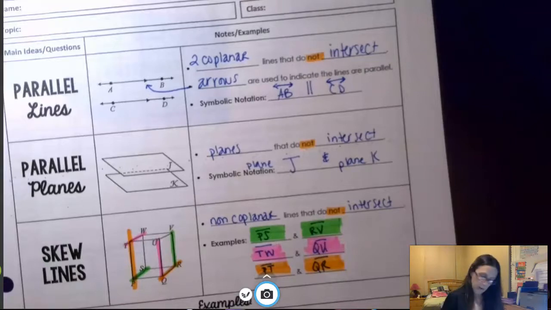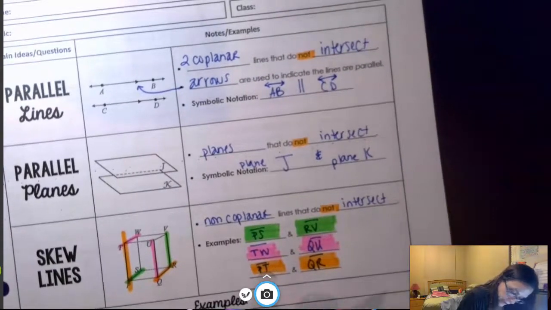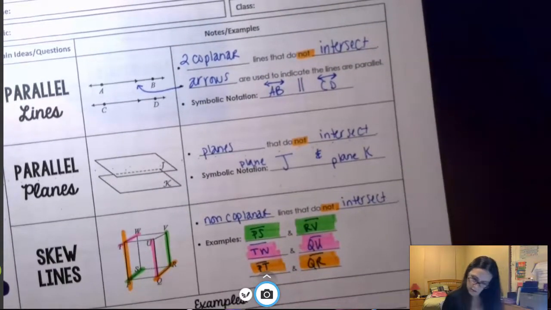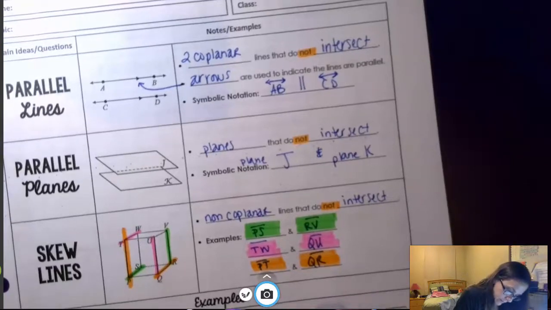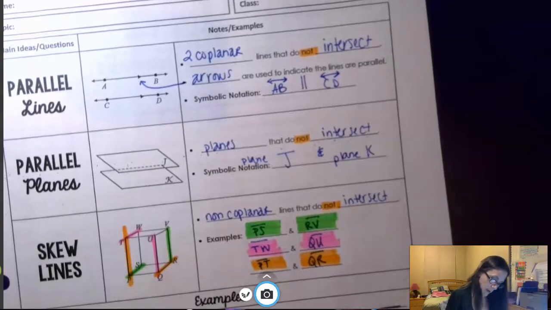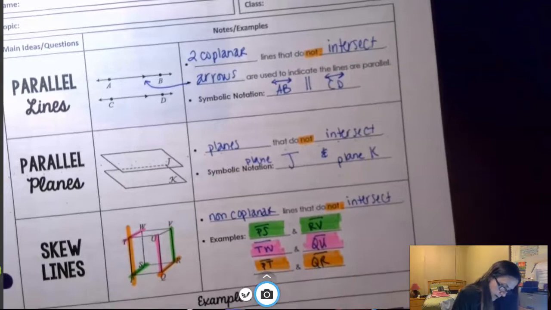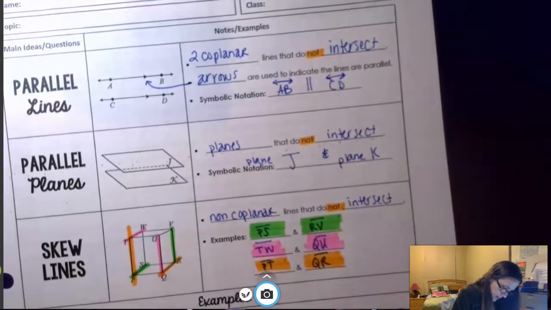Okay, so here I want to name all segments that are parallel to AE. So I have 3. My parallel to AE, this right here, is going to be these 3.